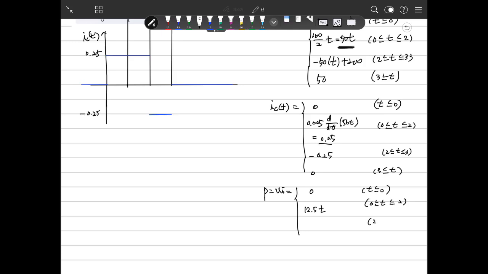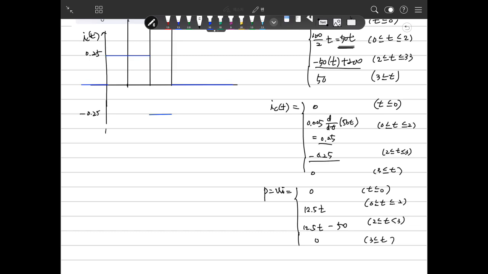In the same way, when t is larger than 2 to 3, we need to calculate here and here, so there will be 12.5t, and minus 50. And last is 0.